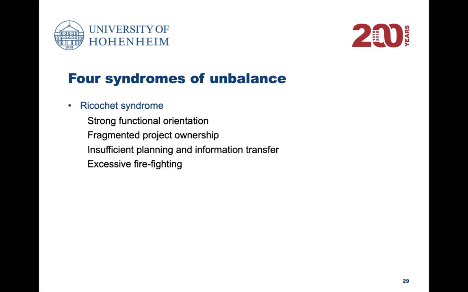It's hard to plan the whole thing if every function takes care of the project at a certain stage. You can lose the sense of direction if different individuals take hold of the baton and try to stamp their own authority and their own direction on the project. So that wouldn't work as well.